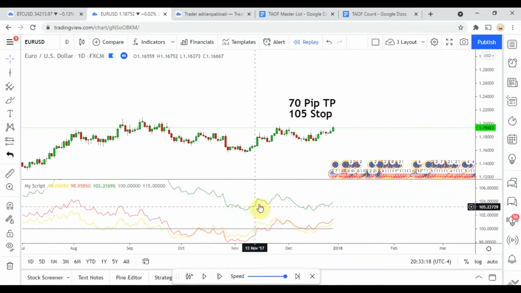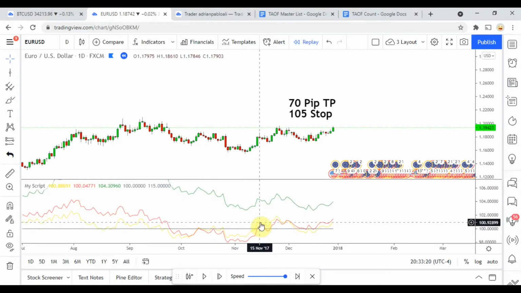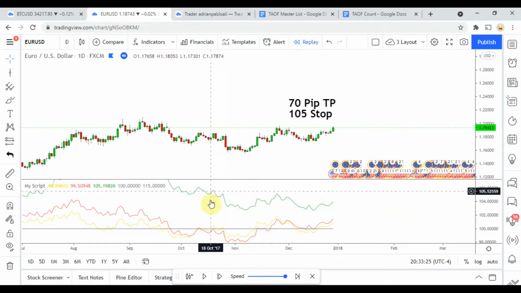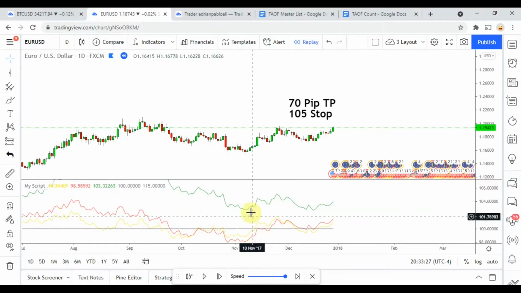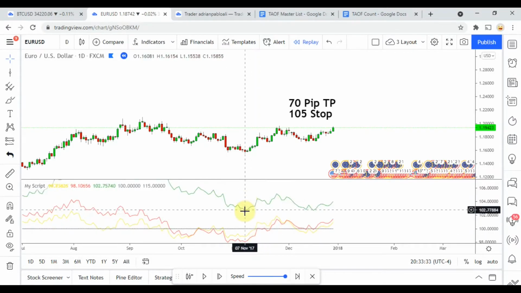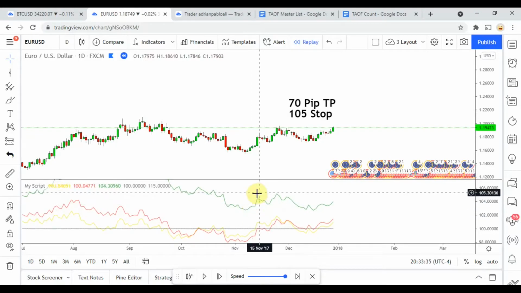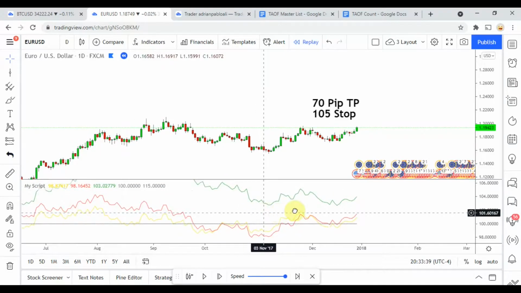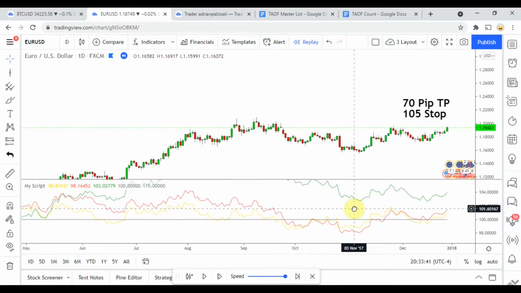These lines here are different smooth moving averages, or maybe simple moving averages, I'm not sure, on a few different settings. I think it's 20, 50, and 200 maybe. I don't remember off the top of my head. But really the one we're looking for is going to be the yellow line.